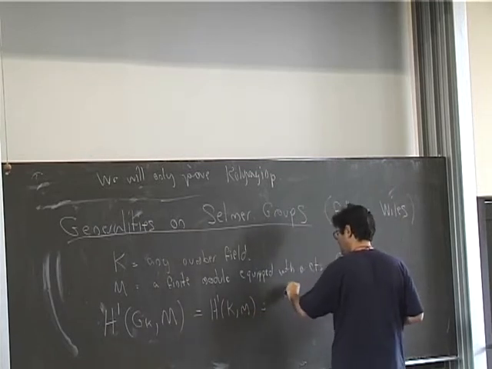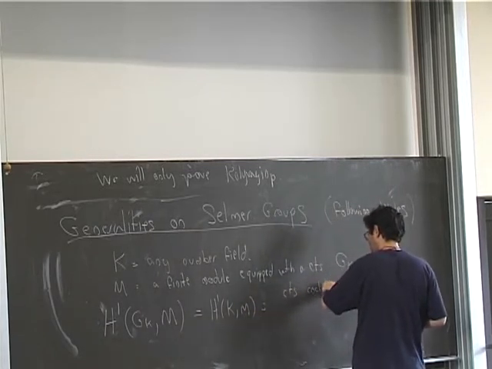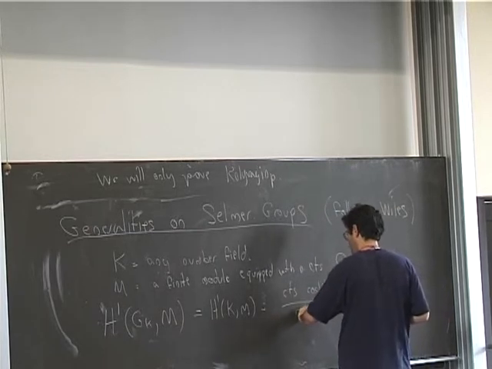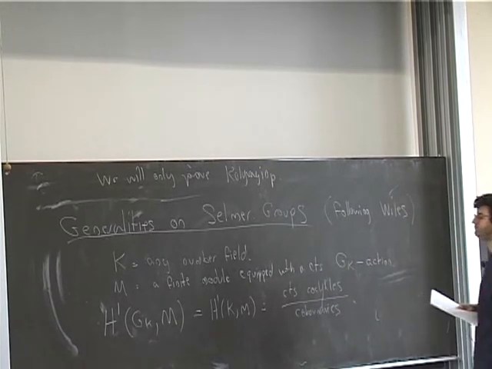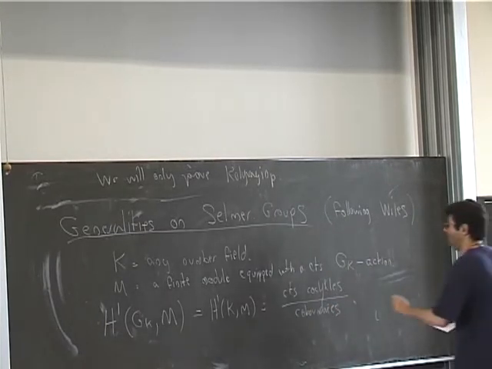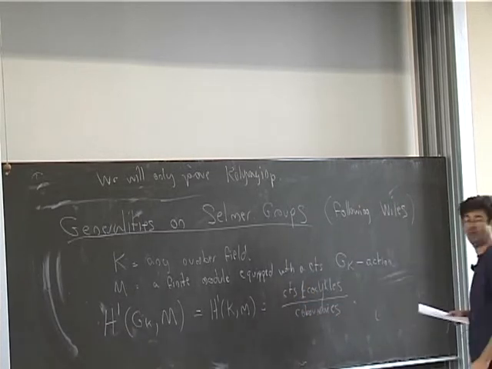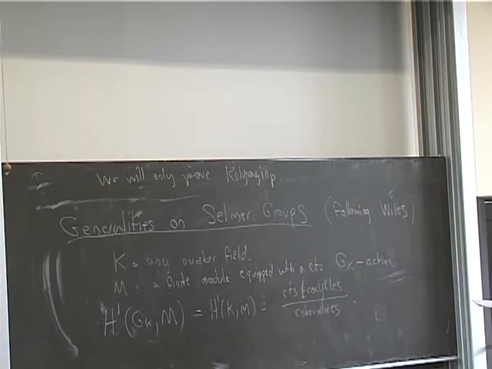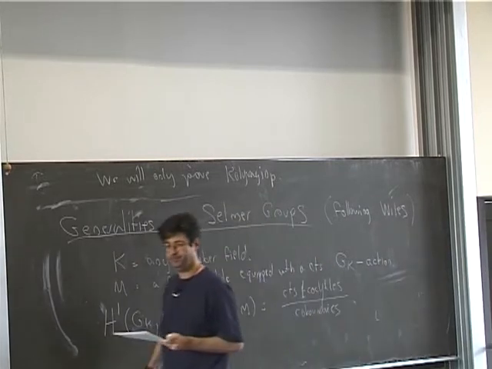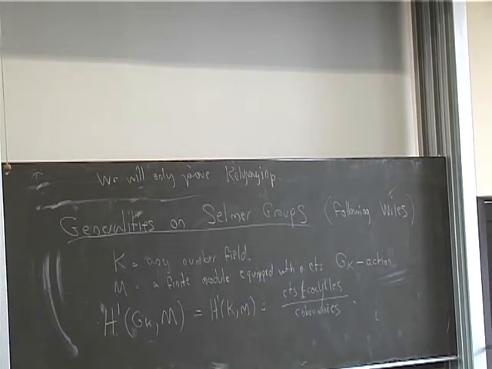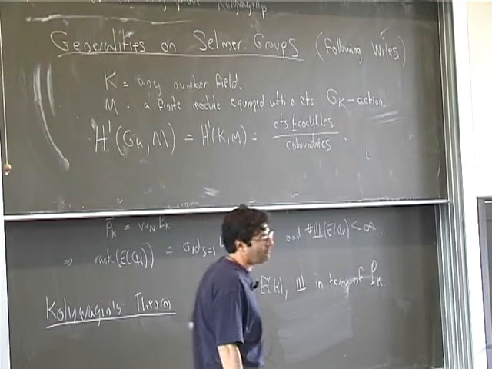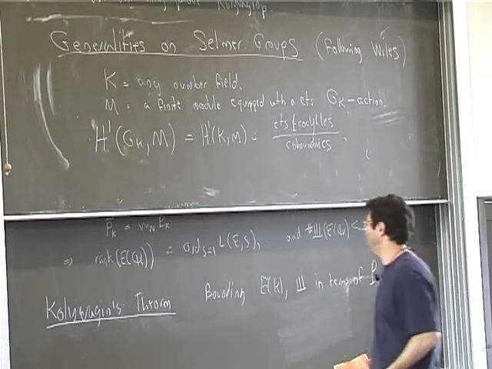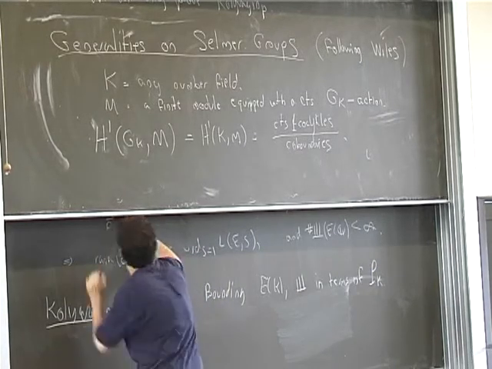So it's continuous one-cocycles, of course, modulo the one-coboundaries. Okay, so I'm going to define a Selmer group associated to K and M, and to a little bit of extra data.